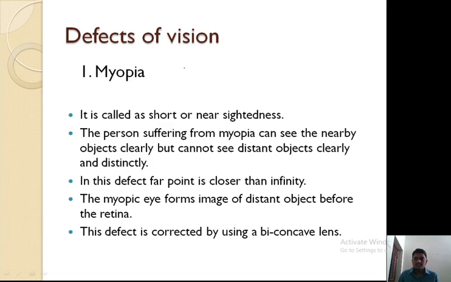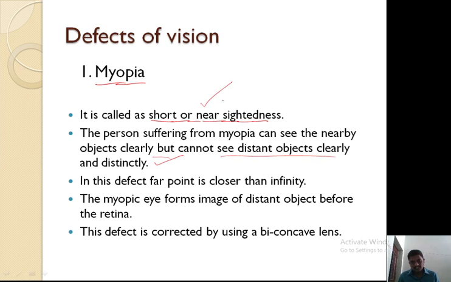First we will discuss what myopia is. Myopia is called nearsightedness, or shortsightedness. The person suffering from myopia can see only nearby objects clearly but cannot see distant objects clearly. That is why it is known as shortsightedness.